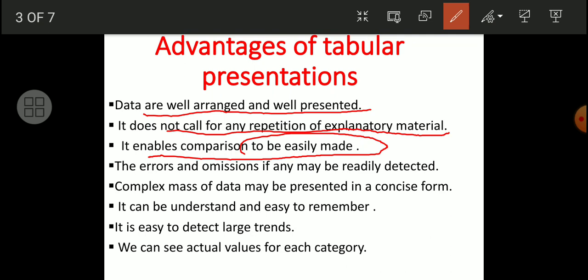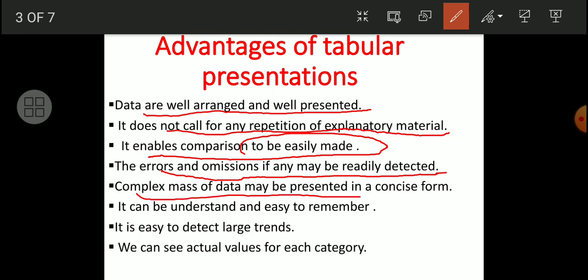Like that, we can compare very easily because the data is written in a tabular form. Now, the errors and omissions, if any, may be readily detected, isn't it? Whenever data is in the form of tables, we can easily see the errors in it, and it is easy to spot omissions. So that is an important advantage of presenting data in table form.